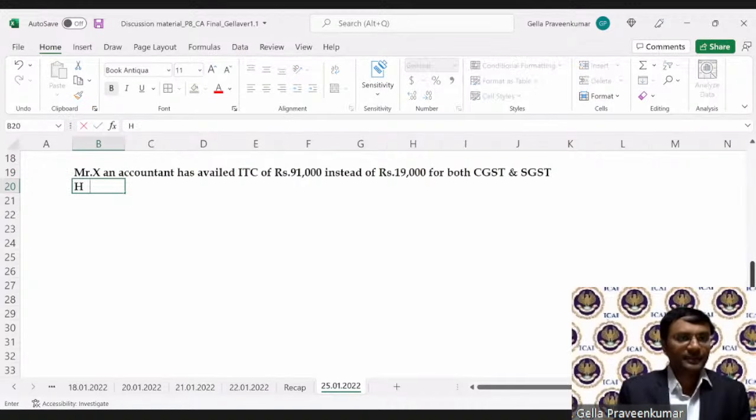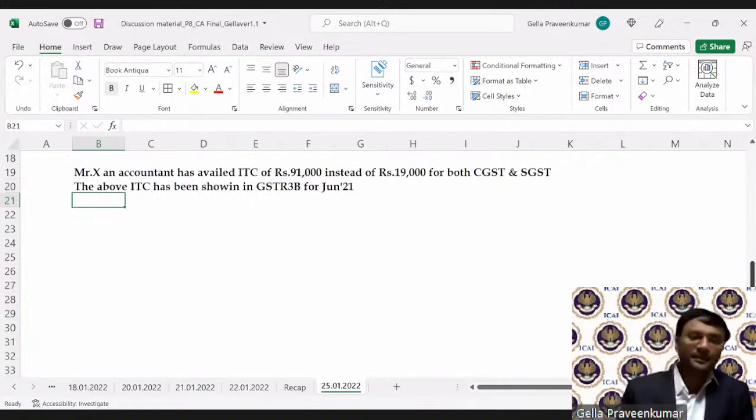However, the above ITC has been shown in GSTR-3B for June 21.